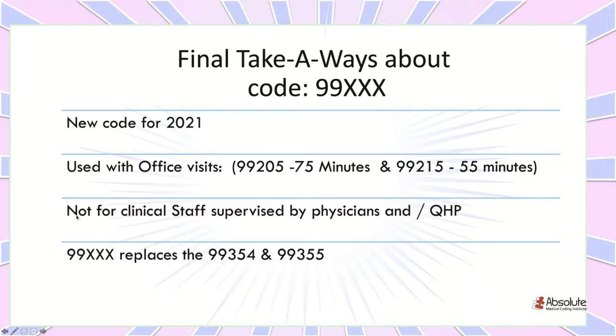This code is not used for clinical staff supervised by physicians and qualified healthcare professionals. And 99XXX replaces 99354 and 99355. All right, so this is great news. So I have some final thoughts about prolonged services. So let me just kind of summarize everything for you.